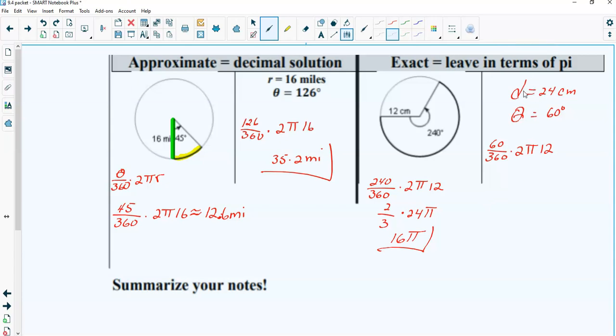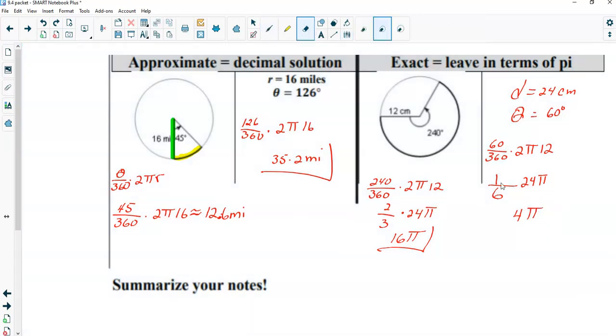Also, we could have used pi d, so 24 pi. So 60 over 360 is 1/6 of 24 pi. 24 divided by 6 is 4 pi. That would be in centimeters. And there you have it.